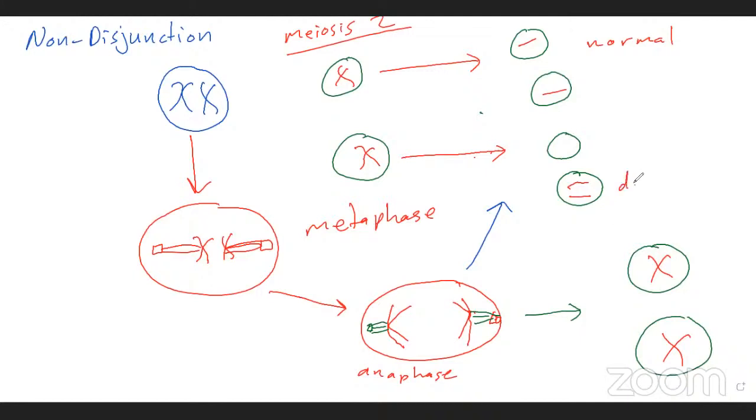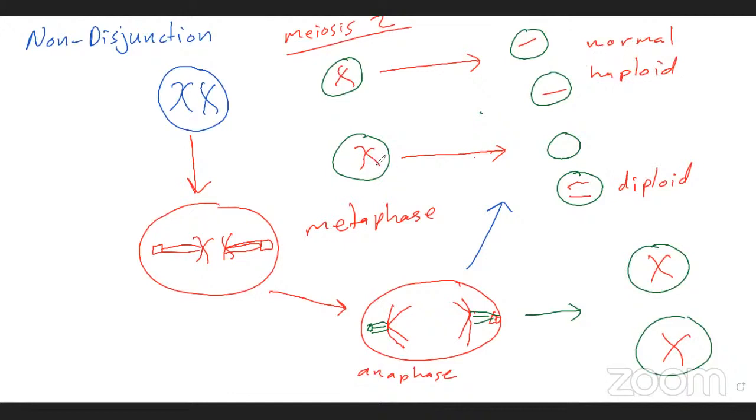So this cell is diploid. So if you have a diploid cell fusing with a haploid cell, then you get a cell which is triploid, 3. Right? So this is supposed to give you 2 haploid cells. That is what is normal.